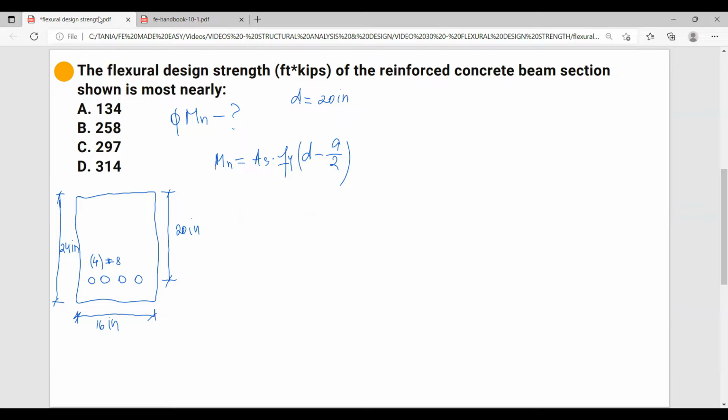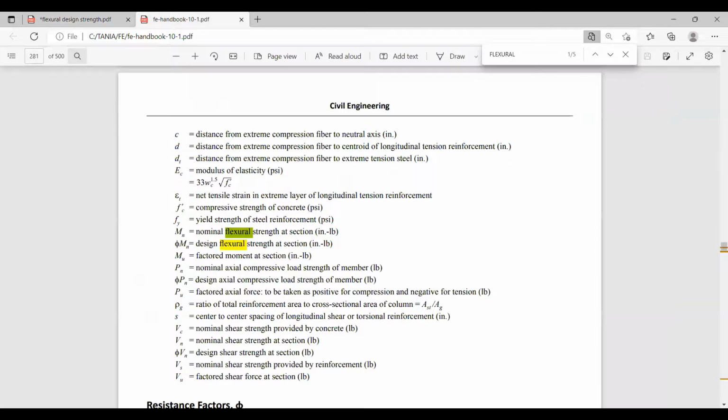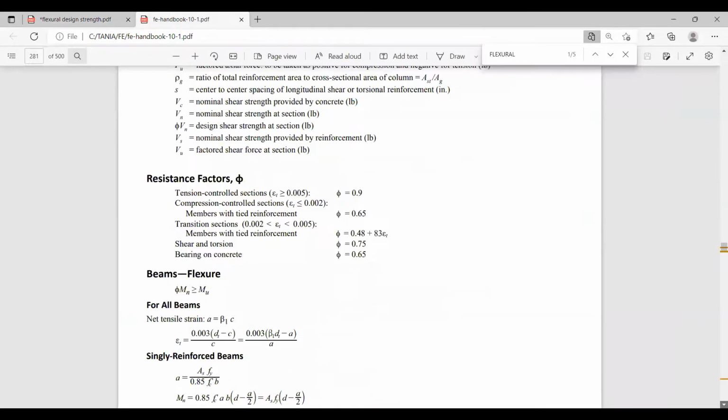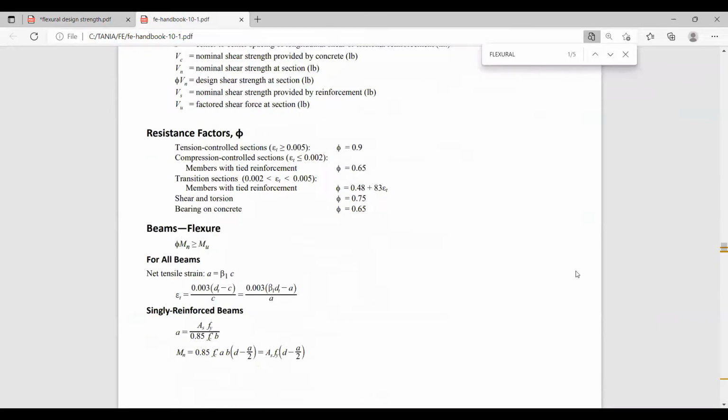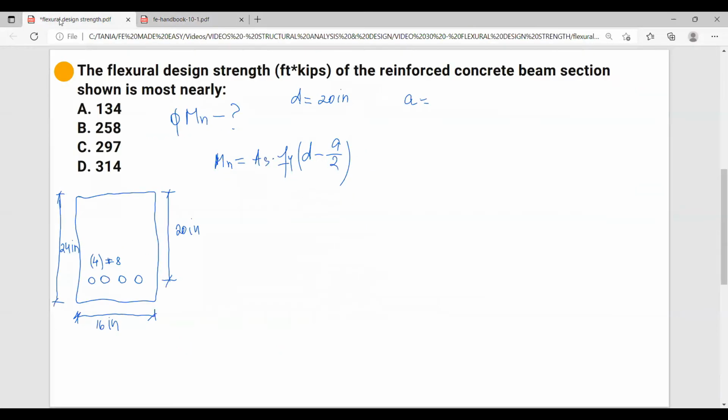Now let's calculate a. a equals As Fy over 0.85 fc prime b. So, As times Fy over 0.85 times fc prime times b.